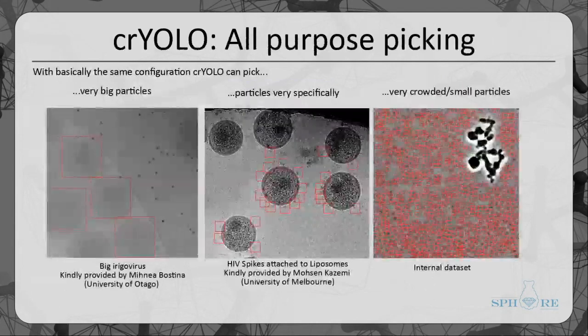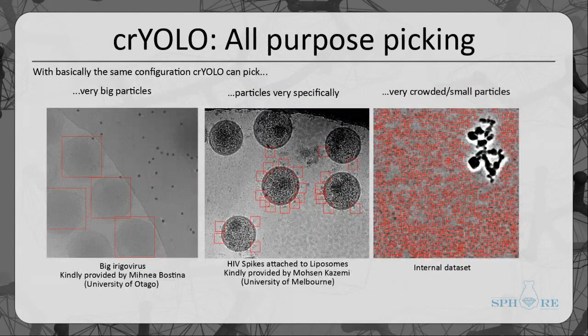Good. A couple of examples where we applied crYOLO, with basically the same configuration. So you don't have to adapt it too much for each example. You just have to specify your box size and it works for very big viruses. It works on very crowded particles, but you can also pick particles very specifically.